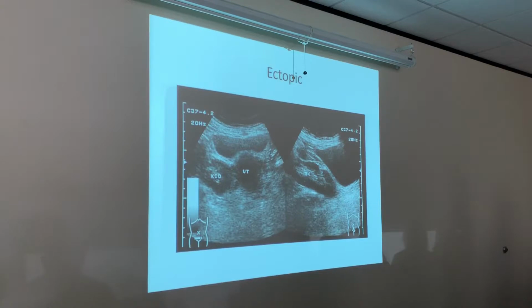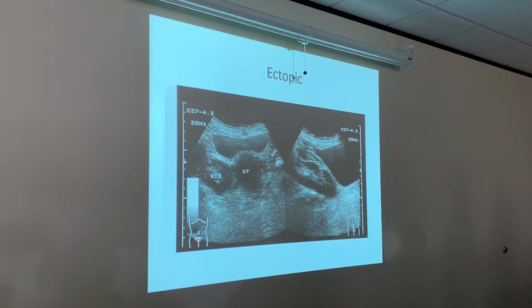Okay. Ectopic. Here's the uterus, UT. Here's the bladder, and here's the kidney. Is this sagittal or transverse? Sagittal. It's transverse. Superior, posterior, because see, look at that.